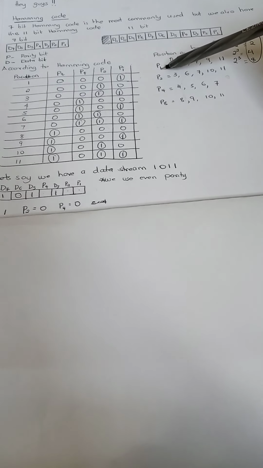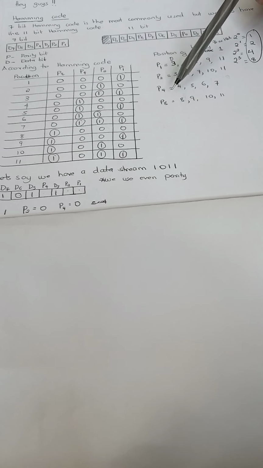When you want to calculate parity 1, you will look at the data bits in position 3, position 5, position 7, position 9, and position 11, depending on whether you're using 7-bit or 11-bit. So for parity 1, you will look at data bits 3, 5, and 7.